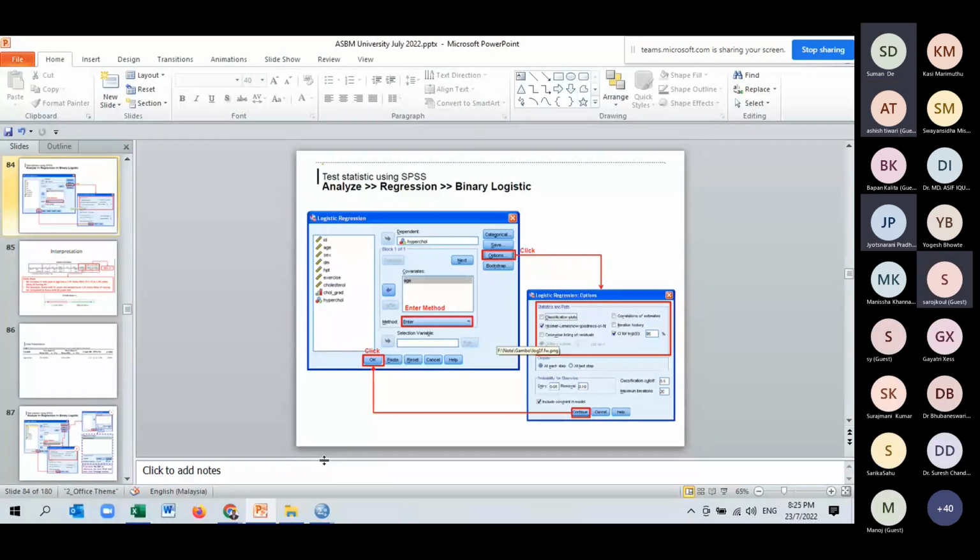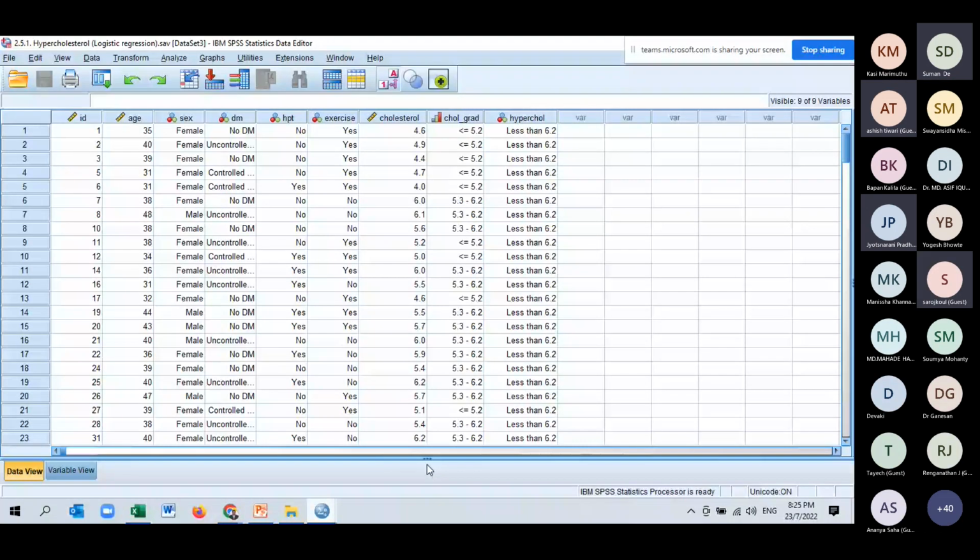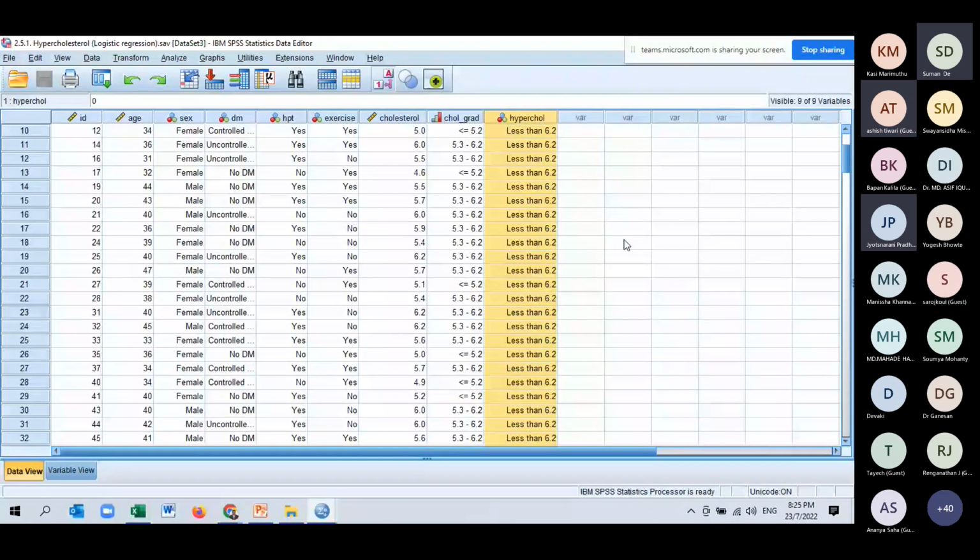Please open the file. I'm going to see the impact of age on hypercholesterol. Anything less than 6.2 is not hypercholesterol; anything more than that, the candidate is hypercholesterol.